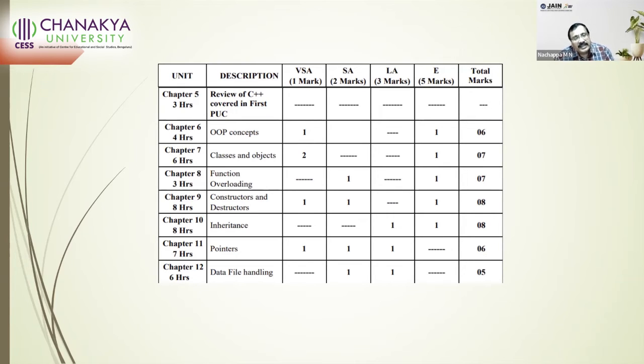If you cover unit A and unit B, 5 one-mark questions are covered in unit A and 5 one-mark questions in unit B. That means all your 10 one-mark questions come from only unit A and unit B. That is one of the methods.